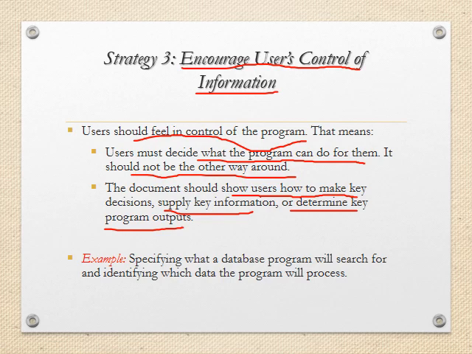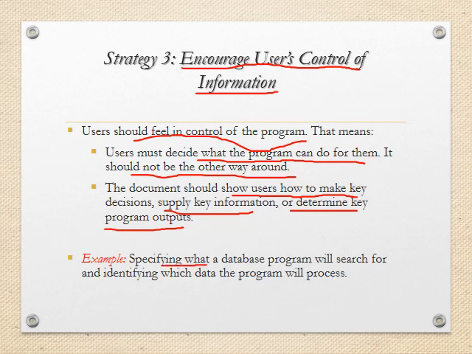For example, when we use any database program, if we specify how we can search for something, that means we have control of information because we determine what exactly we want to look for. We have the key decisions. We supply the key information for the program.